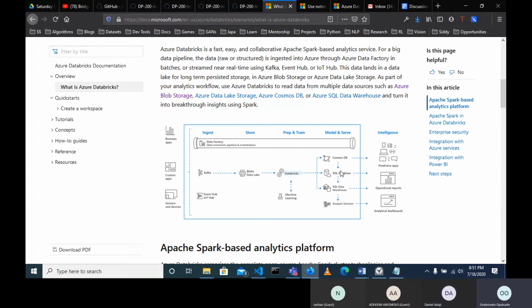And when you're done, you can serve the outputs of your training, right? You can store them into a storage.